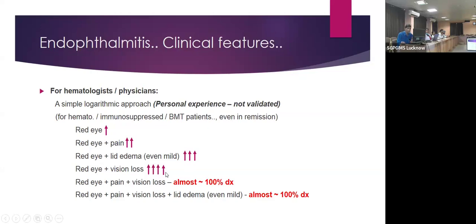And if it is associated with vision loss, then believe me, more than 90% of the time it is infectious disease running inside the eye. And if all these combine, then it is almost 100% diagnostic at the bedside that this patient has developed some kind of infection inside the eye. I have found this useful many a time.